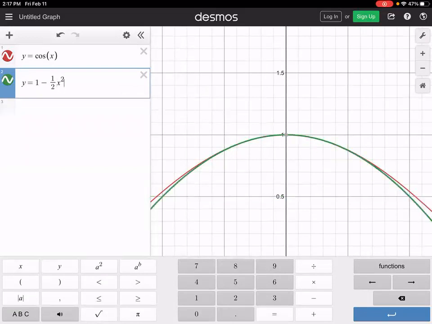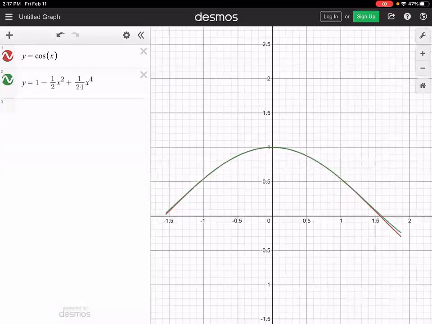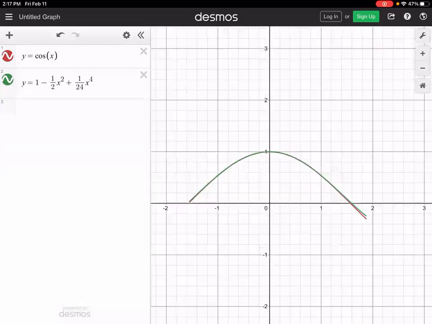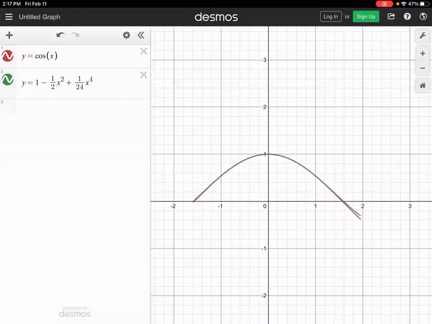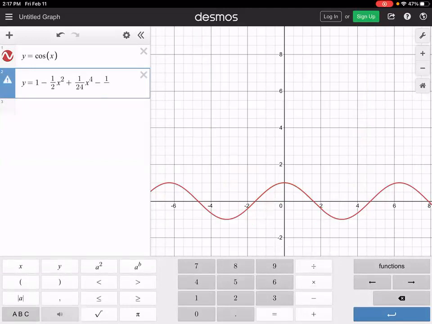Oh, whoa, look at that already. Okay, and then we're going to add 1 over, what's 4 factorial the same as? Look at that. And then what about 6 factorial? 720.